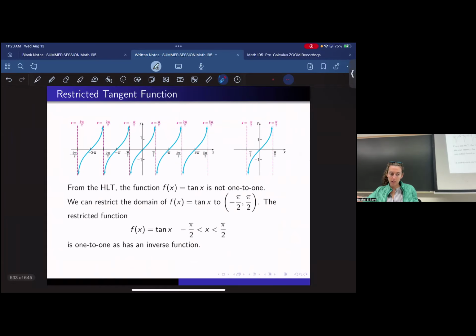So last but not least, now let's look at our tangent function and look at the restrictions we want to make here. And so recall from yesterday, our tangent function has vertical asymptotes at our intervals of pi/2.